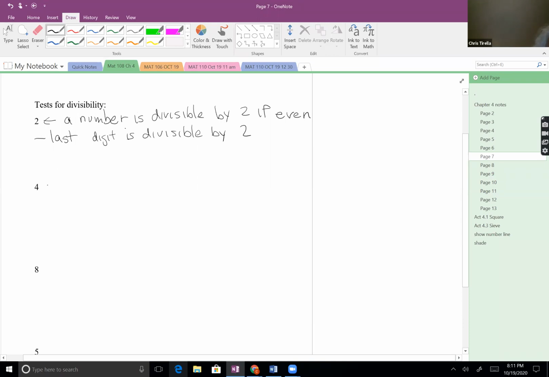Next test, we'll say that a number is divisible by 4 if the last 2 digits are divisible by 4.